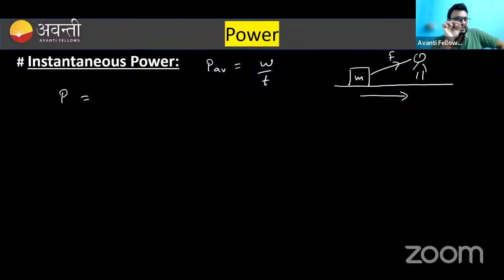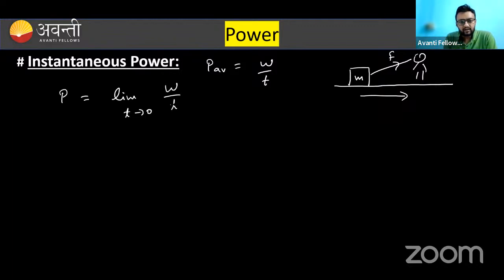That means time period is very small. So what I am going to do, I am going to apply a limit t tends to 0. What is the meaning of t tends to 0? That means t is becoming smaller, smaller, smaller, and very much smaller. Does it become a moment? It will become a moment now, because t equals to 4 seconds is just a moment.